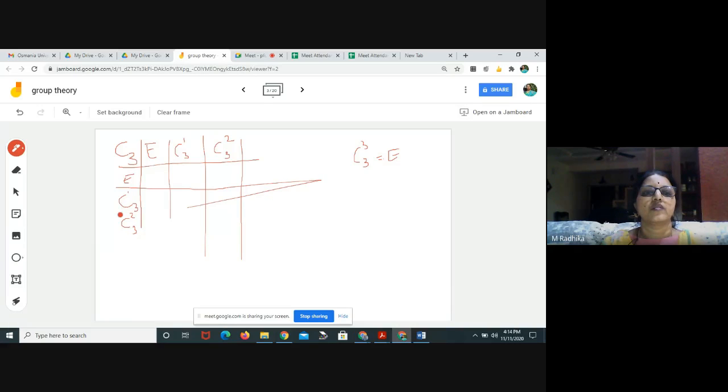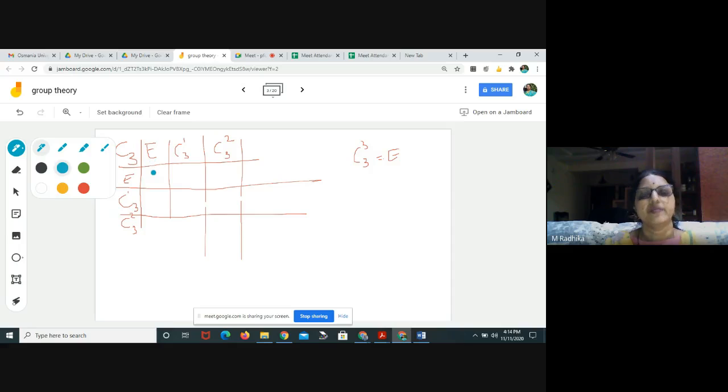Now look at this. Now imagine we are doing a C3 on a molecule. You write the elements first.